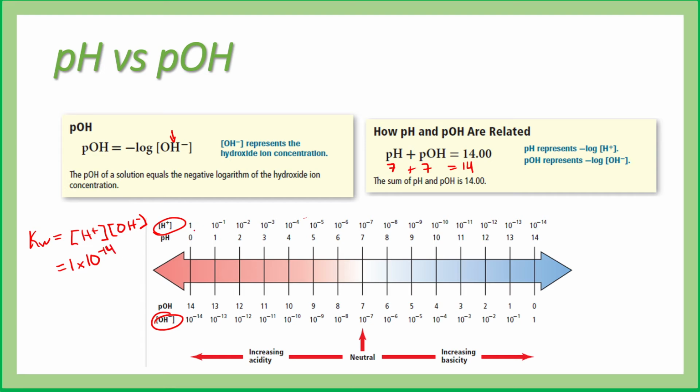For example, let's take the extremes. Let's go to the most basic: a pH of 14 means that you have a hydrogen ion concentration of 1 times 10 to the minus 14, and a hydroxide ion concentration of 1 times 10 to the minus 14 equals 1 times 10 to the minus 14.